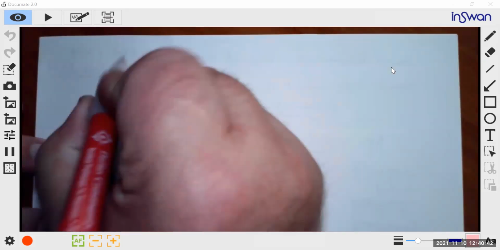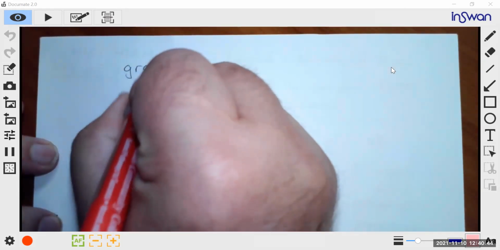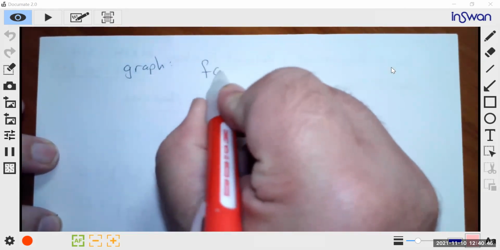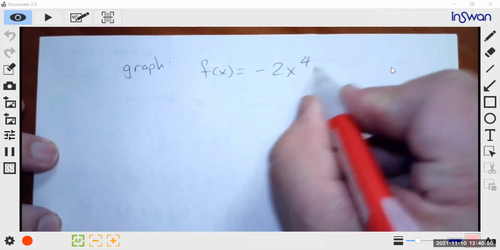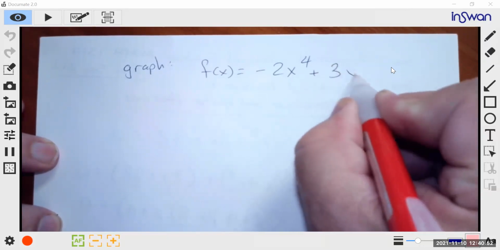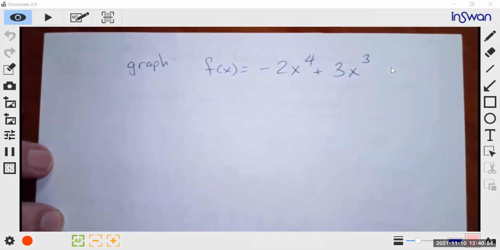Then graph this function: -2x to the 4th plus 3x cubed.